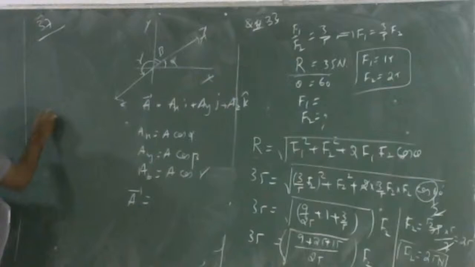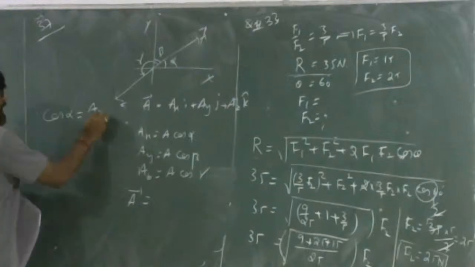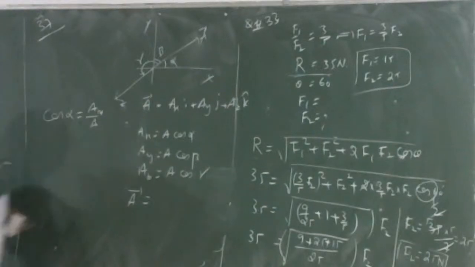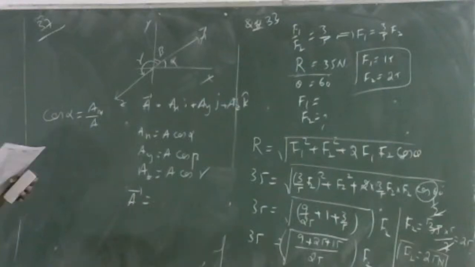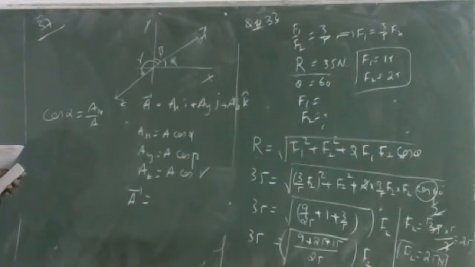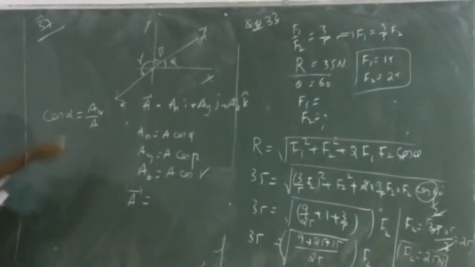Cos alpha is x by A, so x is equal to A cos alpha. You are asked to find the vector only, right?